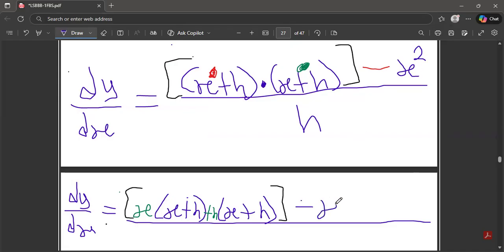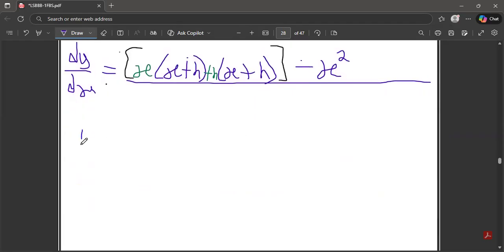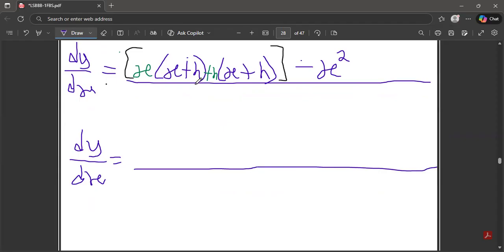This is going to affect that and it's going to become minus x squared. So to simplify what you are seeing over here, we have to multiply whatever is in the bracket. So our dy dx is finally going to become our dy dx. Let's use whatever you are seeing outside the bracket to multiply what's in the bracket.